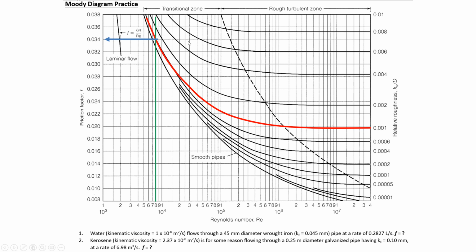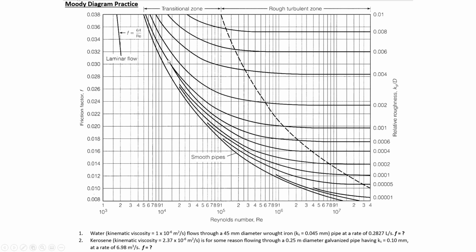Now think about, what if the relative roughness had been 0.0015? Now I created this example so that it would follow this curve that's on the figure. But what if the relative roughness, you'd calculated it, was 0.0015? So if it's between the two, what you need to do is just stay between the lines the whole way.